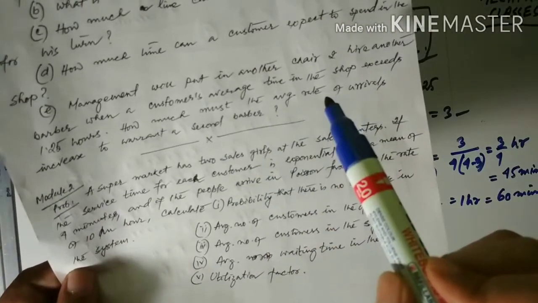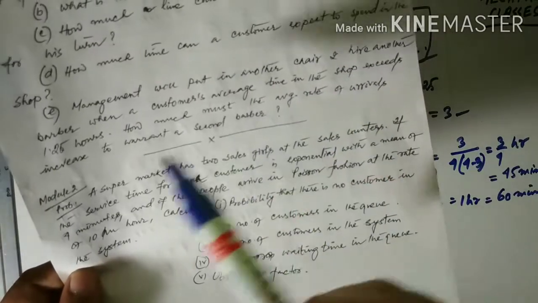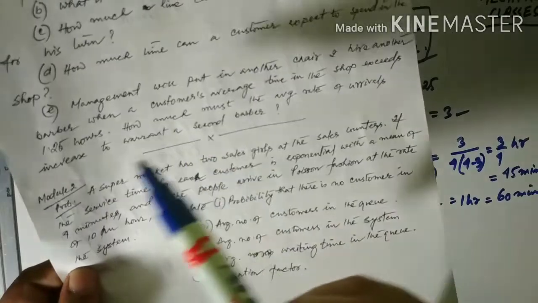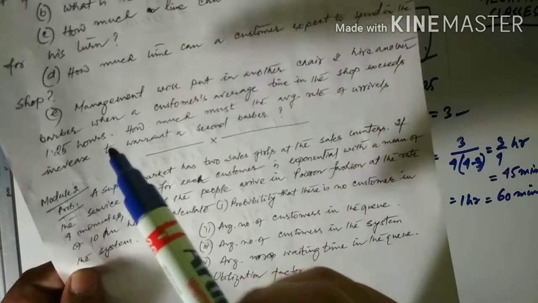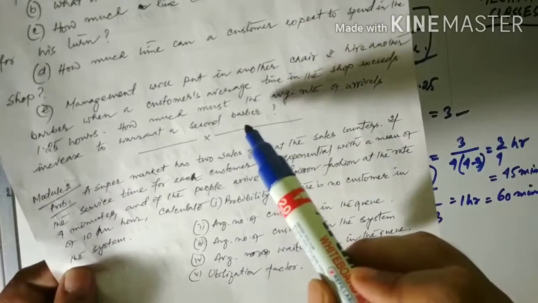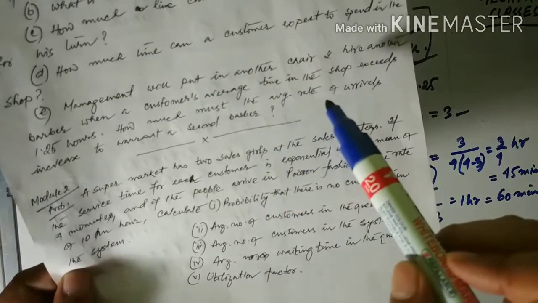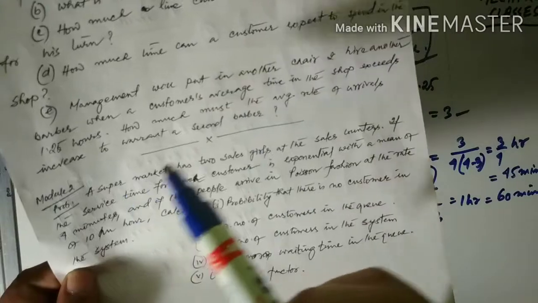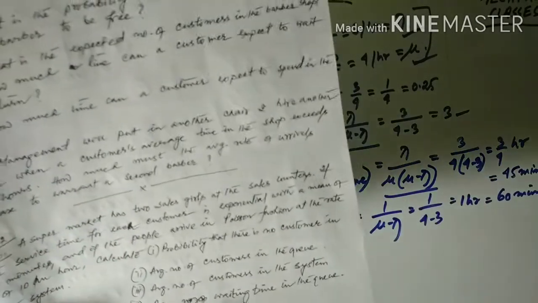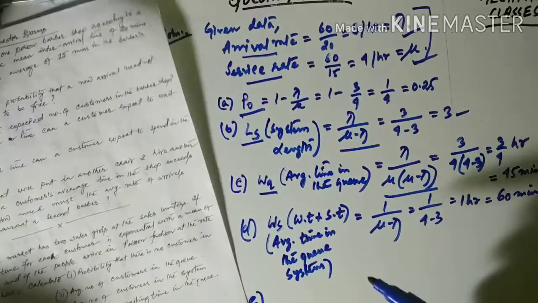When the customer's average time exceeds 1.25 hours, management decides to have another chair. So how much must the average rate of arrivals, that is lambda, increase to warrant a second barber?